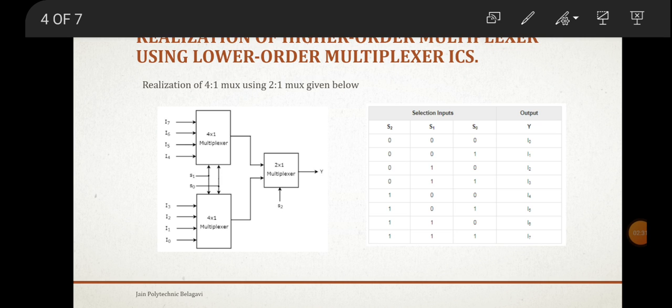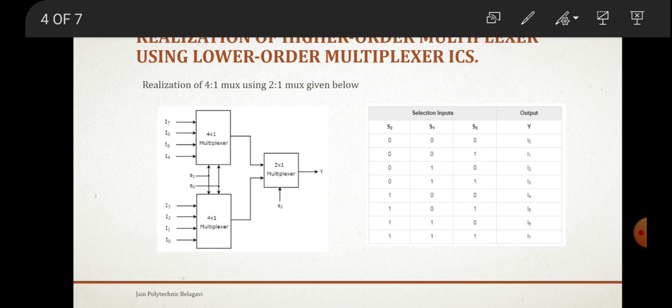The figure shows the implementation of the 8:1 mux using two 4:1 muxes and one 2:1 mux. There will be selection lines, S1 and S0 are the selection lines.